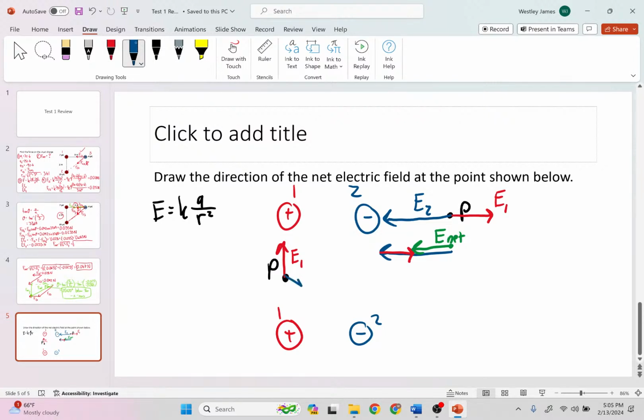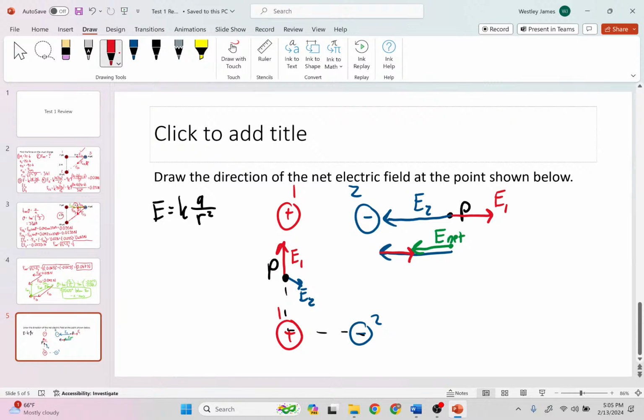It may not be super obvious here, but the negative charge is farther away. Because if you made this a right triangle, the hypotenuse is always the biggest side of that triangle. Subtle, but it is something that shows up here.